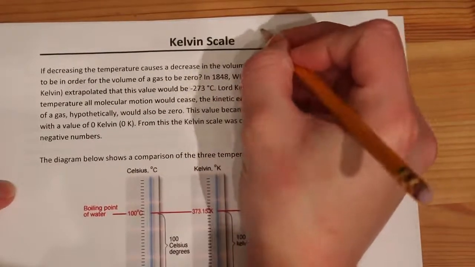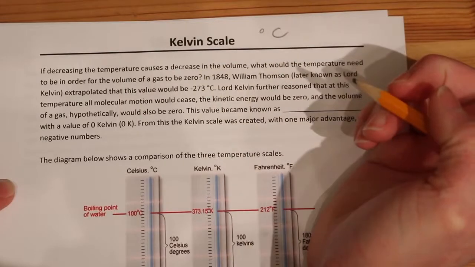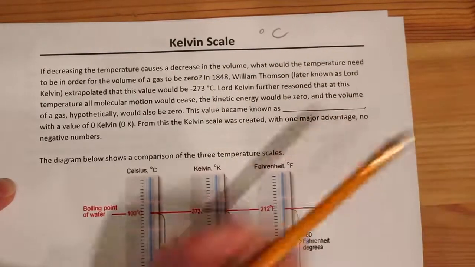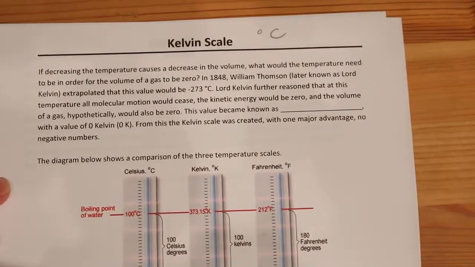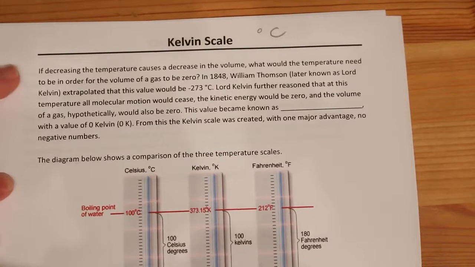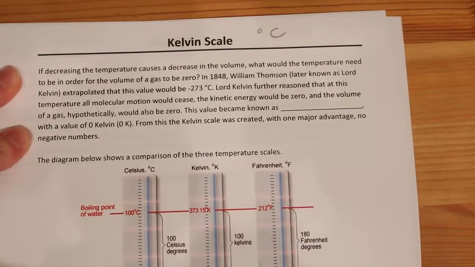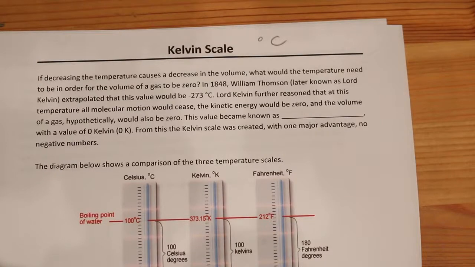So far we've really only been talking about degrees Celsius, but now we're going to be looking at the Kelvin scale. To sum up what this paragraph is saying, there was this guy called Lord Kelvin who wanted to investigate at which temperature particles stop vibrating completely.